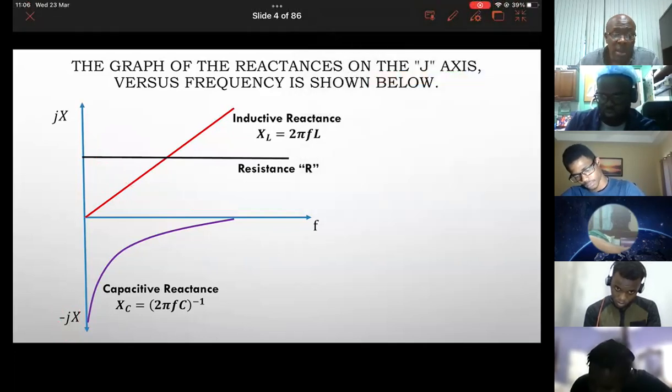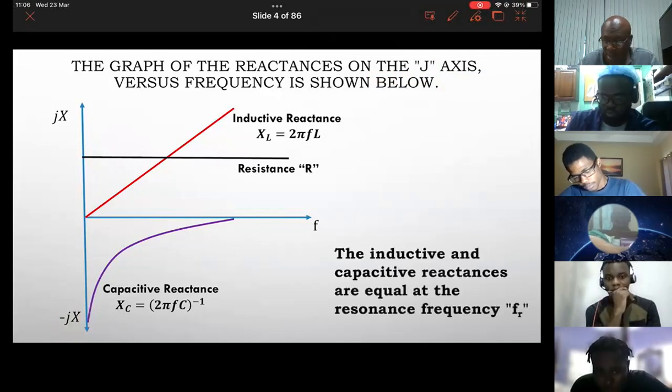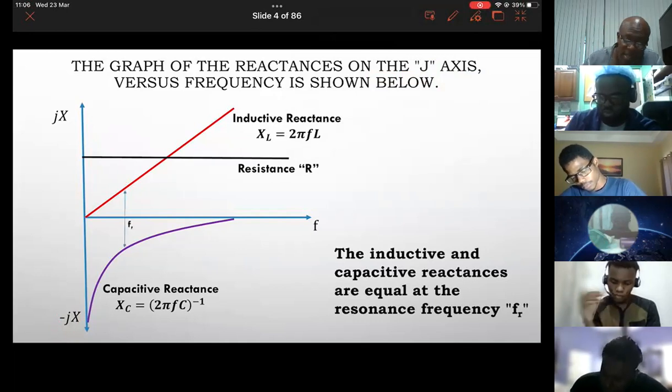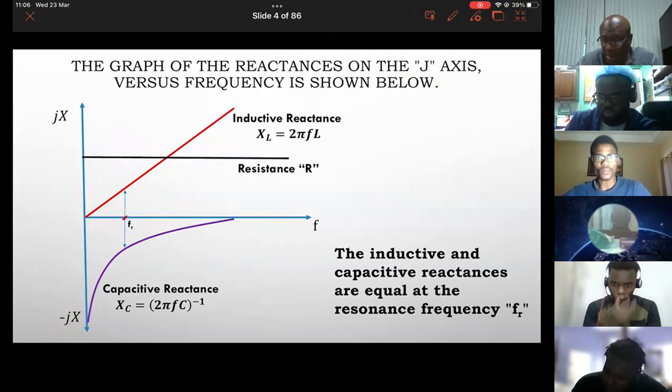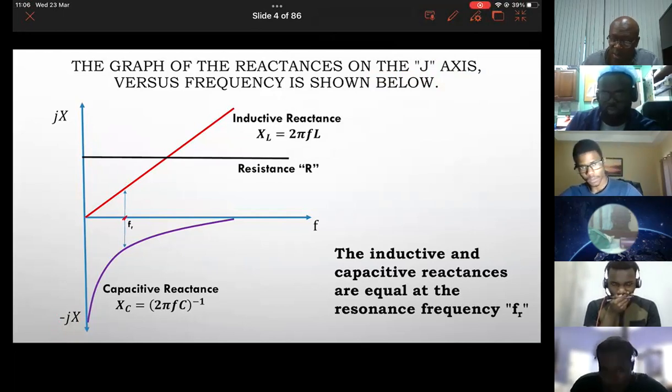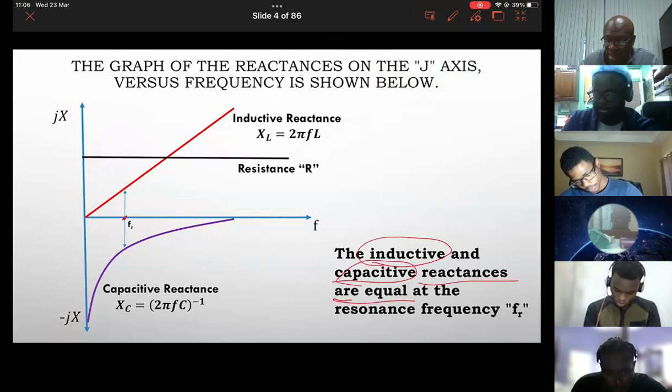Now, there is a frequency which we will refer to as FR, and here is FR. There's that frequency where the inductive and the capacitive reactances are equal. And that is the frequency that we are going to be talking about this morning. That frequency is your resonant frequency.